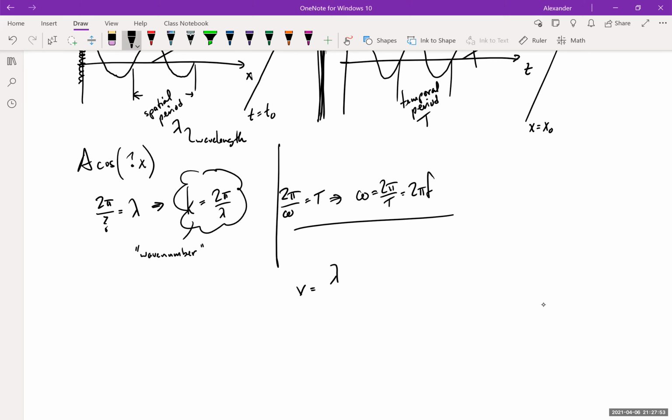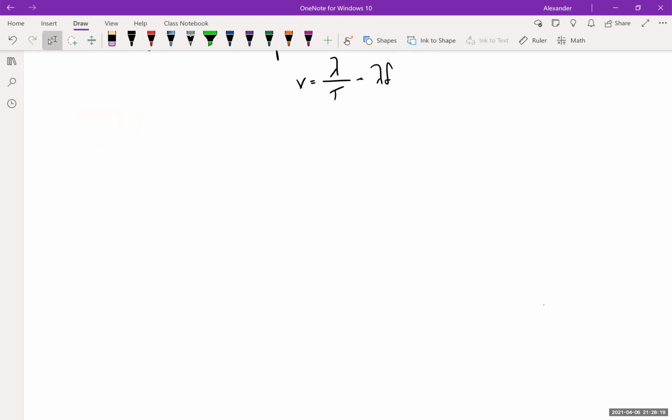The spatial period divided by the temporal period gets me how far did we go in how much time. So if we have both domains worth of information, we can write down the speed with which this wave is propagating. I guess that's only four. Only four parameters really, or six depending how you count.